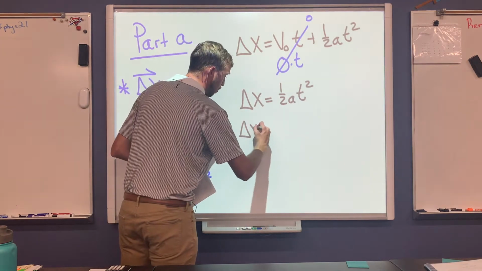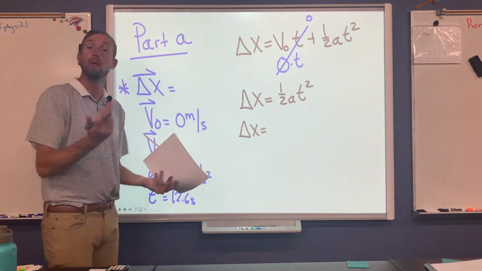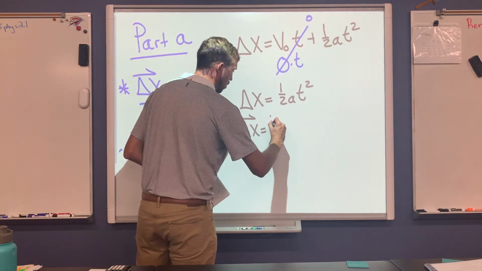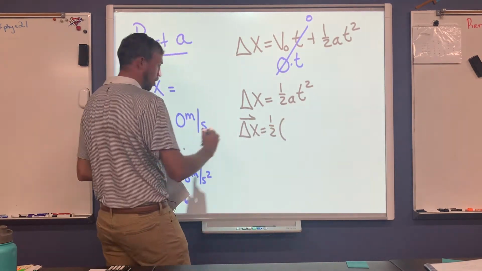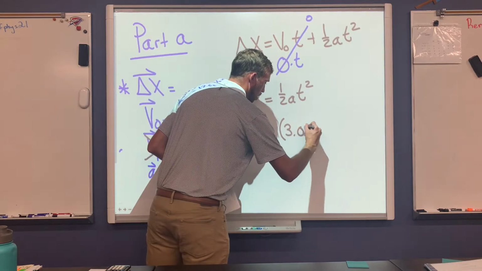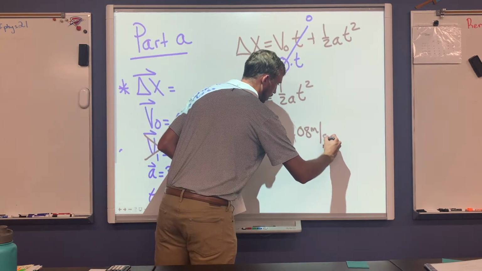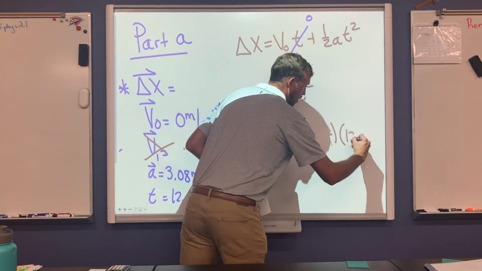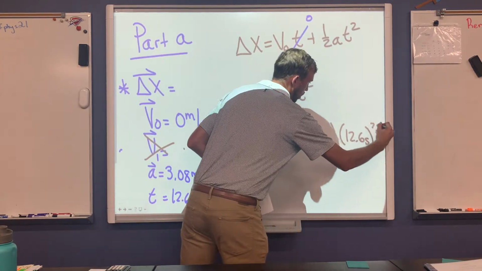Now it's a matter of just plugging in what we know because our equation was already written in terms of delta x. So delta x, which is a vector, equals 1/2 multiplied by our acceleration, 3.08 meters per second squared, multiplied by our time value squared, so 12.6 seconds, quantity squared.